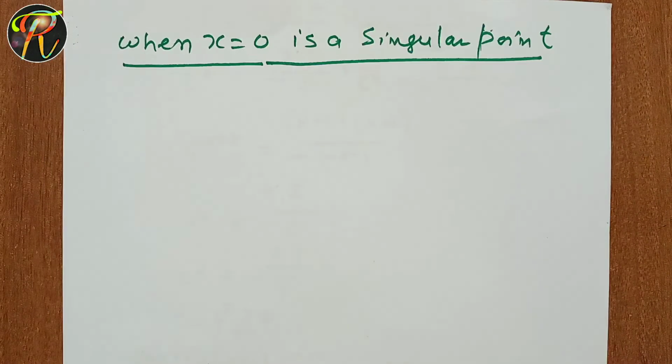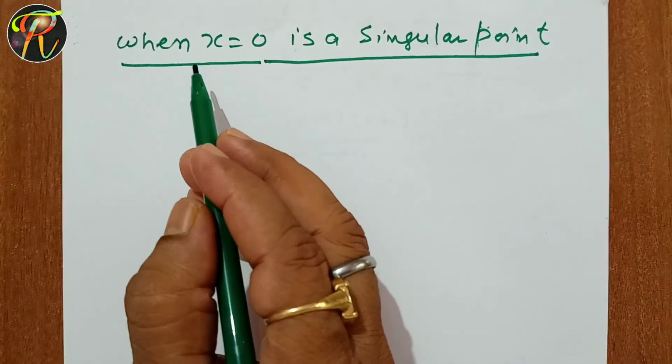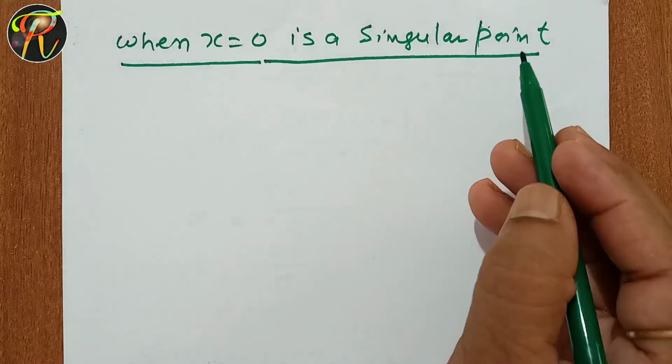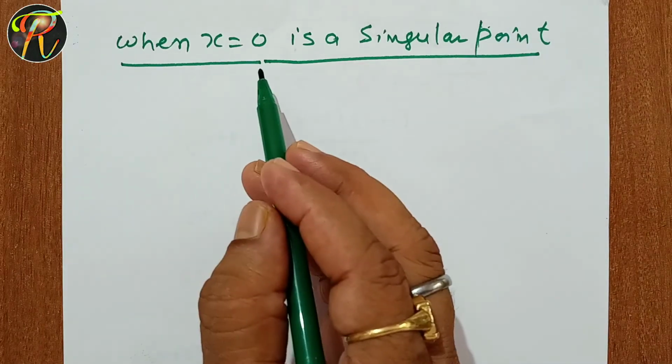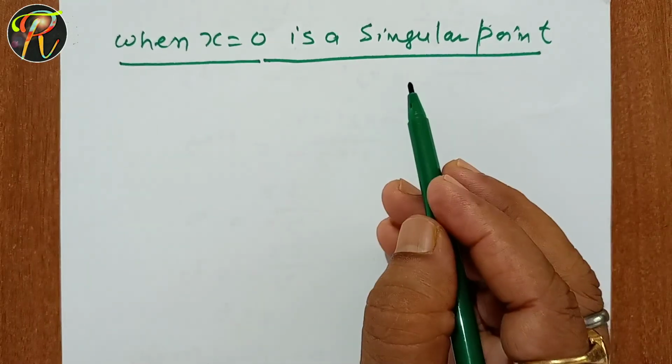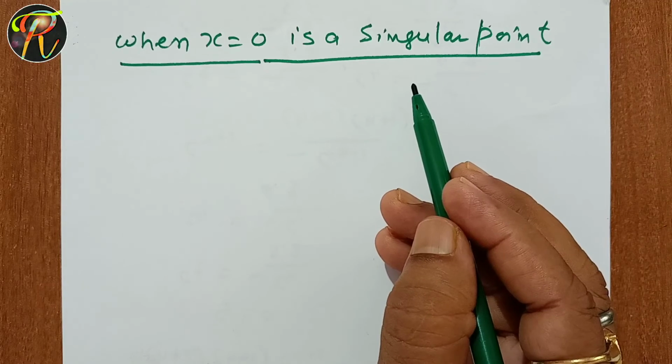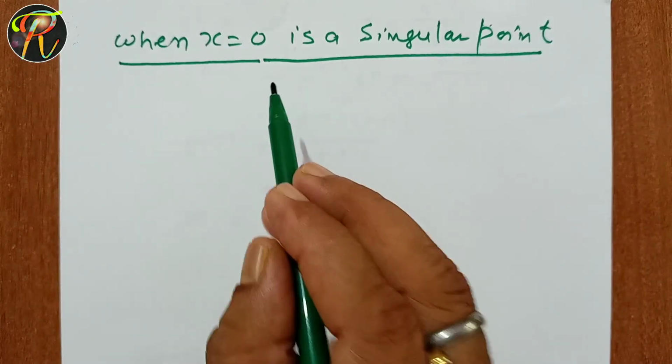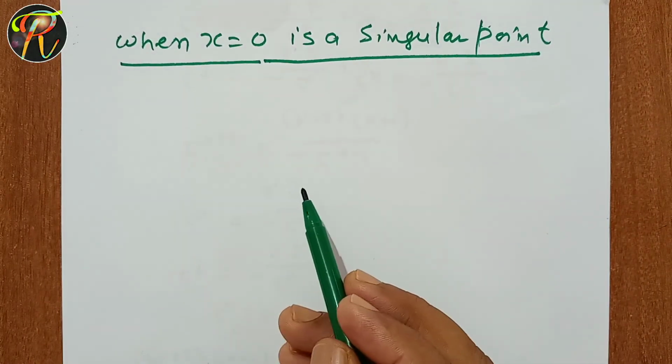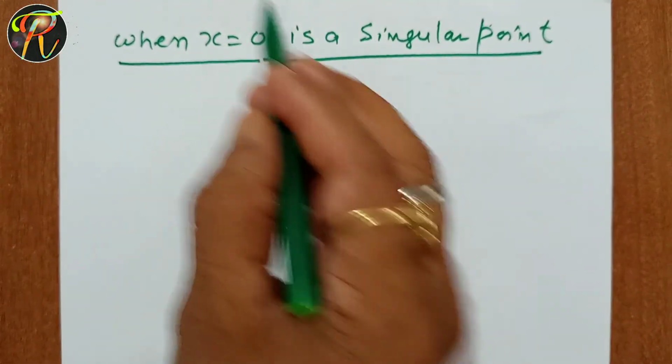Okay, now the second case, when x is equal to 0 is a singular point. It means when x is equal to 0, capital P and capital Q are infinite, at least one infinite or both infinite. In this case, this is called a singular point.